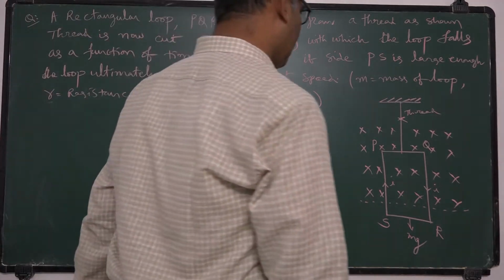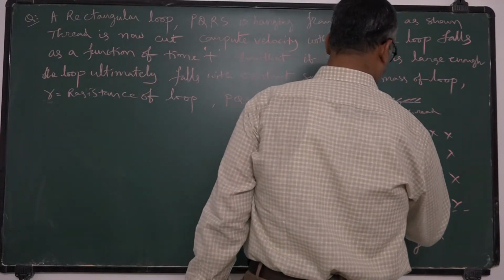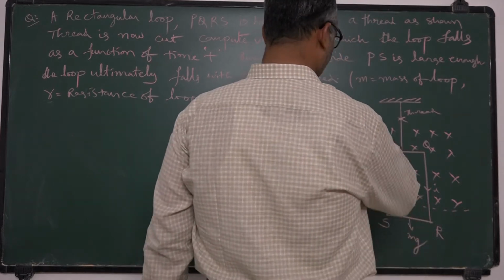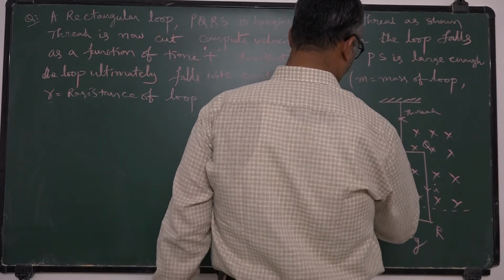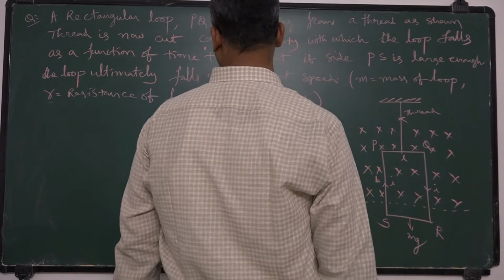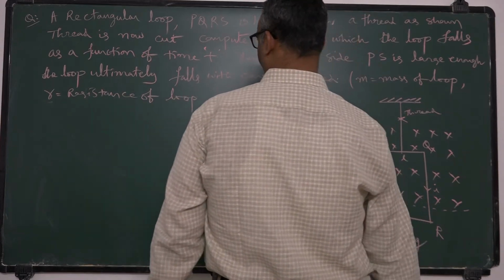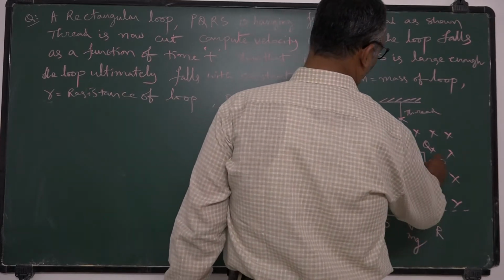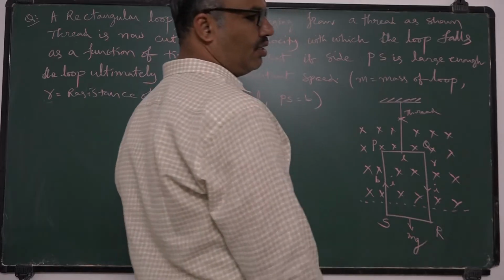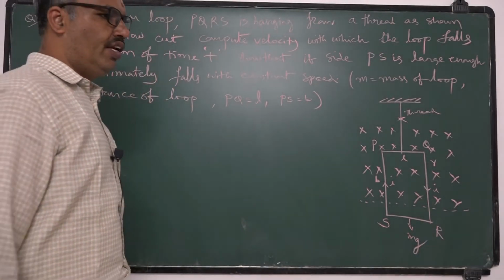They gave PQ as length L, PS as breadth B. These are the dimensions of the loop. The mass of the loop m is considered already. The resistance of the loop is R. This is the question we need to solve.